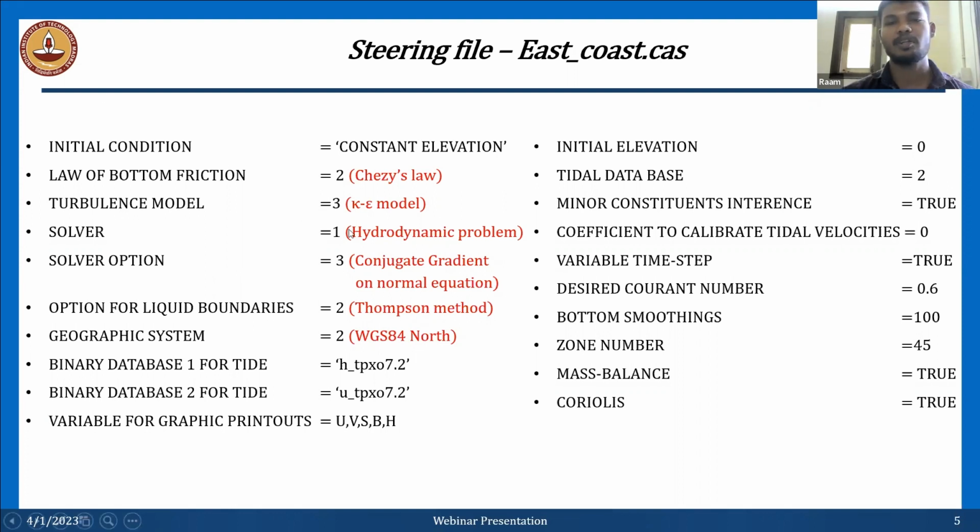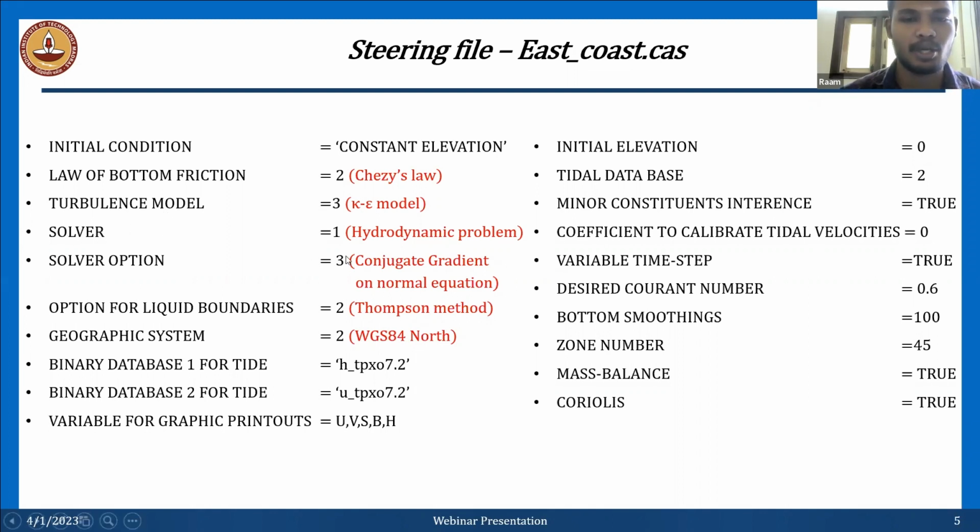And the turbulence model is the K-epsilon model. You might have come across turbulence in fluid mechanics. For modeling turbulence in oceanic processes, we usually use the two-equation model. K is the turbulent kinetic energy, and epsilon is the dissipation. The two equations will be solved during this process to simulate the turbulence in the oceanic process.